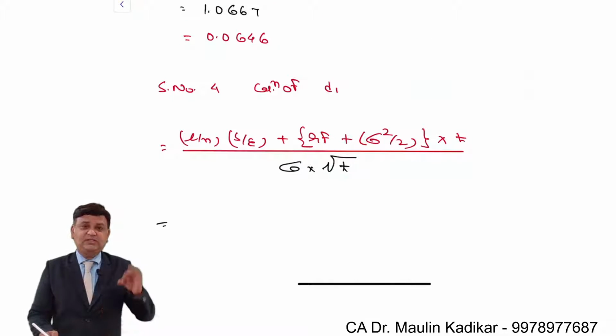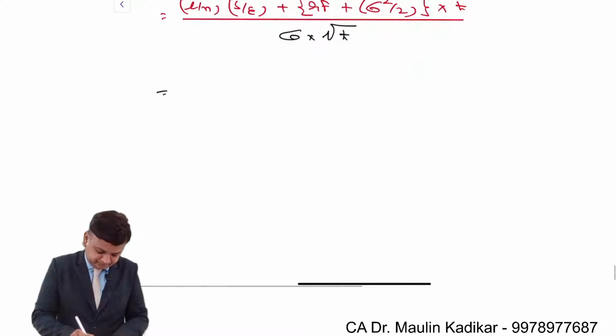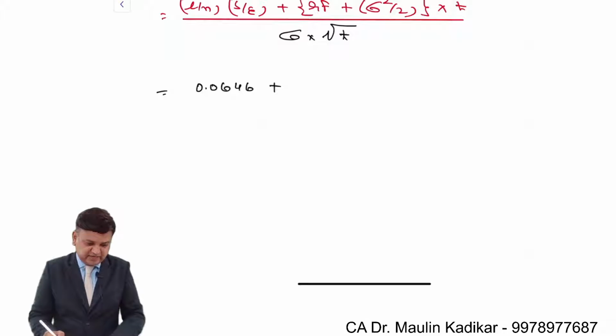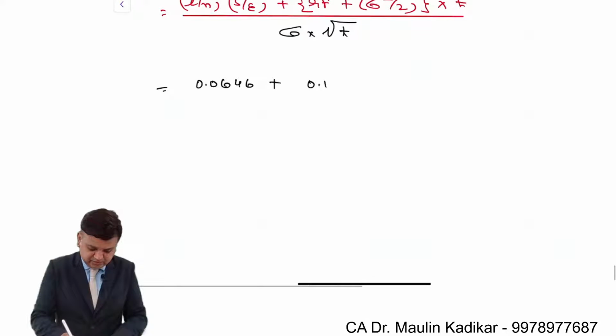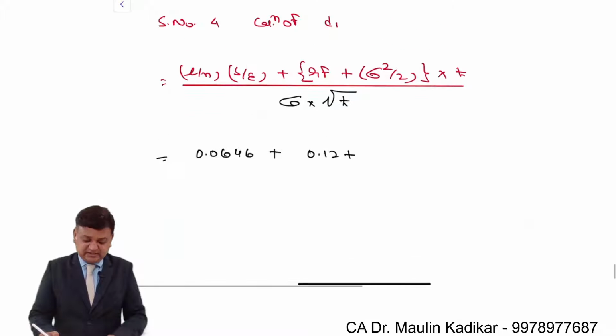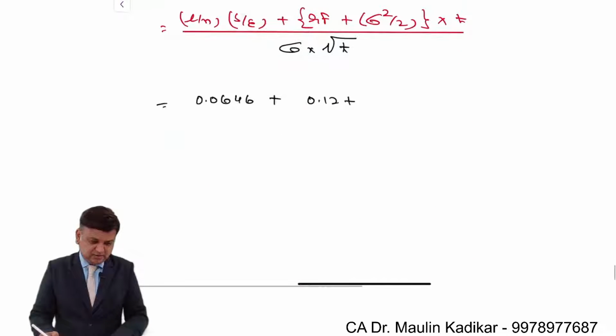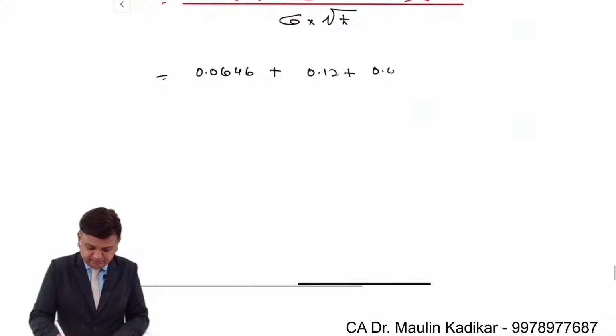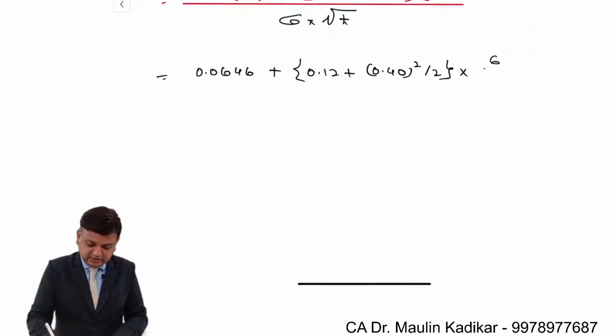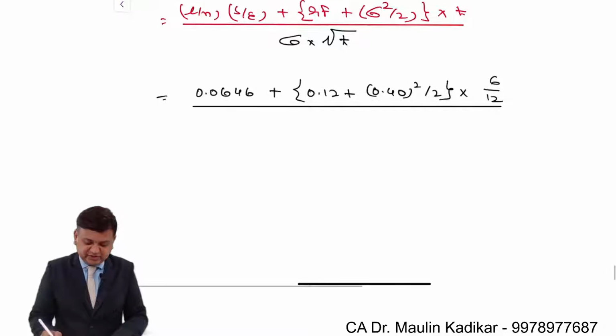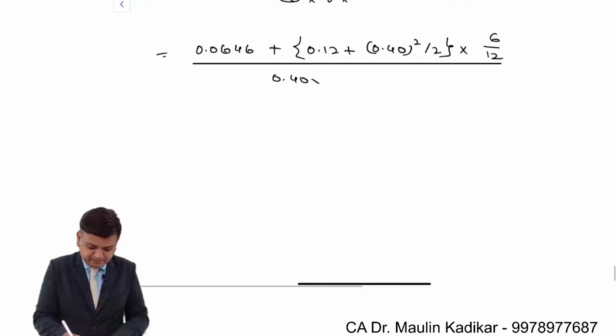ln S divided by E is 0.0646, plus RF is 12%, plus variance is the square of 0.40, divided by 2, whole into time period 6 divided by 12, whole divided by standard deviation, that is 0.40, into under root of 6 divided by 12.